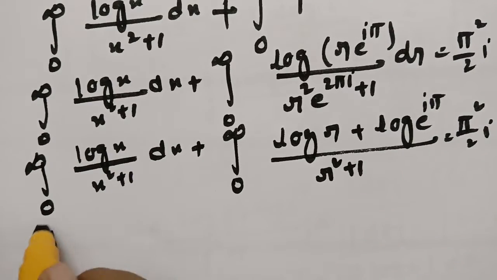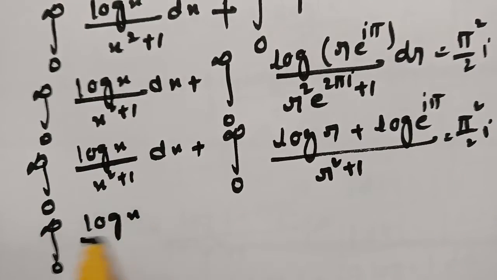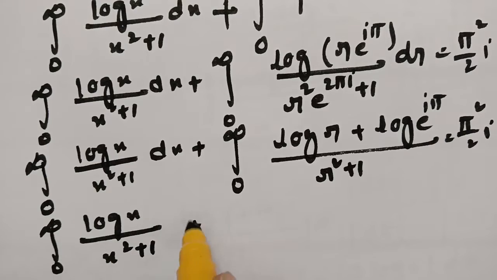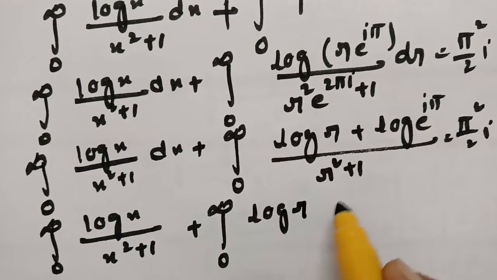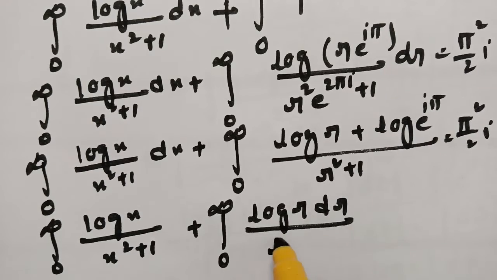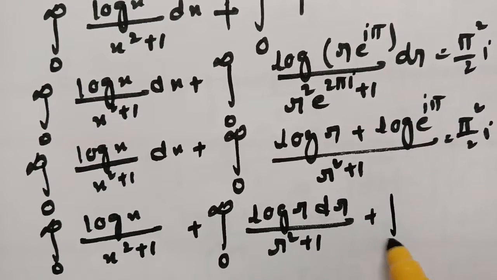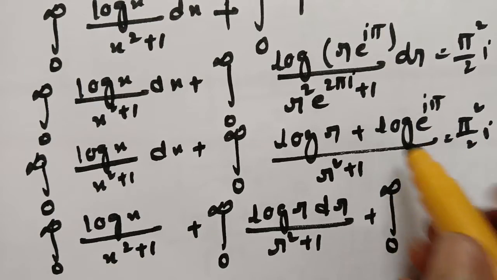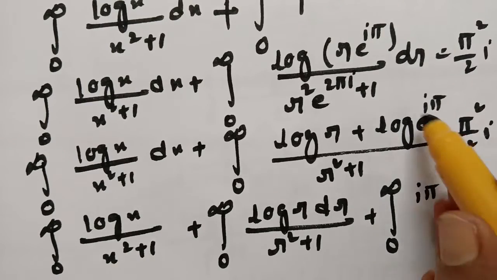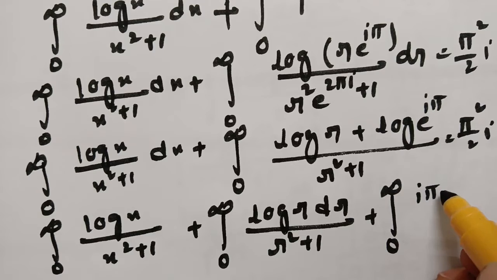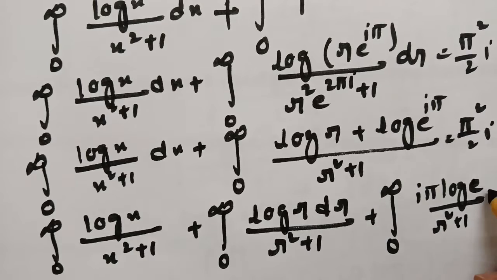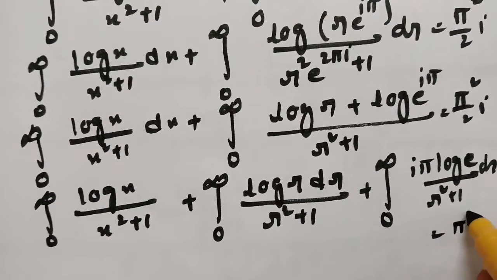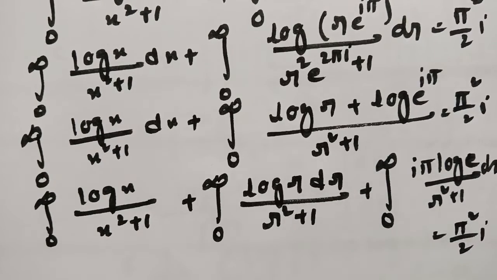So this can be written as log x by x square plus 1, from 0 to infinity. If I split this one, this is log r dr by r square plus 1, plus the integral from 0 to infinity, bringing it to the front, i pi into log e by r square plus 1 dr, is equal to pi square by 2i.